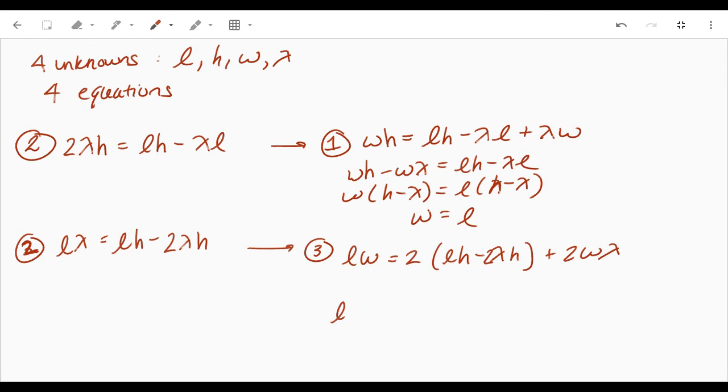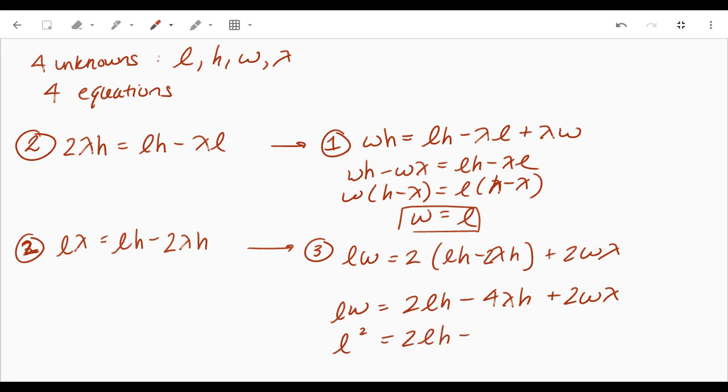So LW equals 2LH minus 4 lambda H plus 2W lambda. And then what I'm going to do here is I've already solved that W has to equal L. So L squared equals 2LH minus 4 lambda H plus 2L lambda.